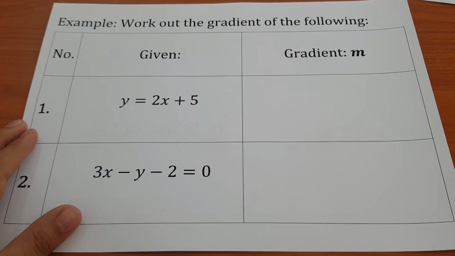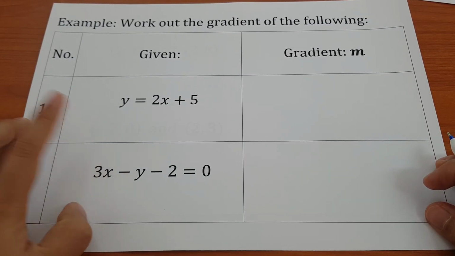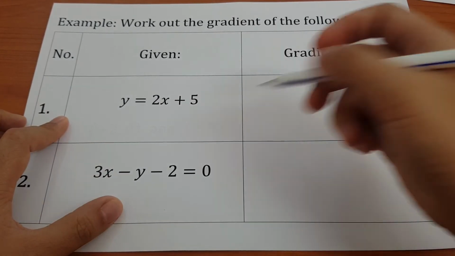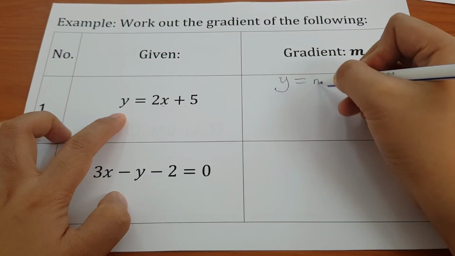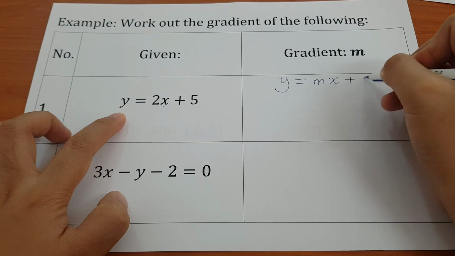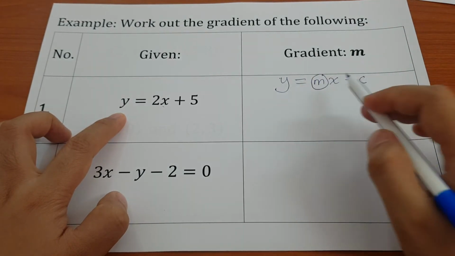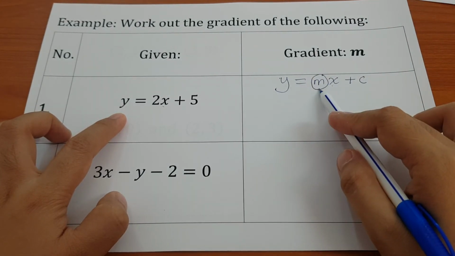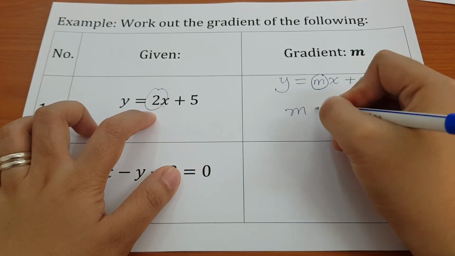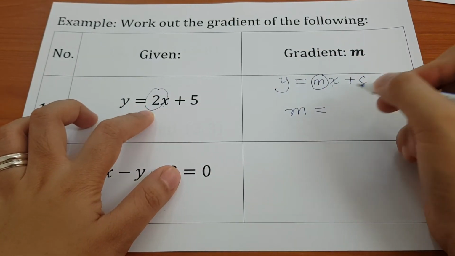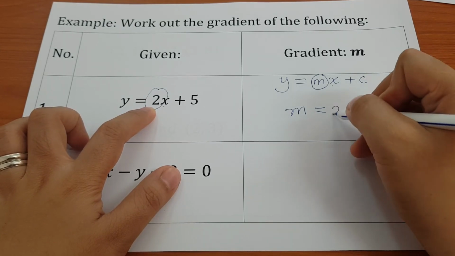What is the gradient for y equals 2x plus 5? Remember that the given equation of a line is of the form y equals mx plus c, so the coefficient of x is your m. We can identify directly that m is 2.